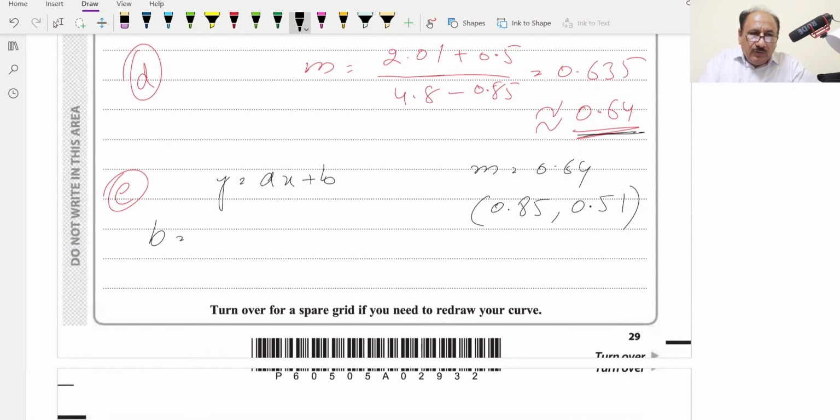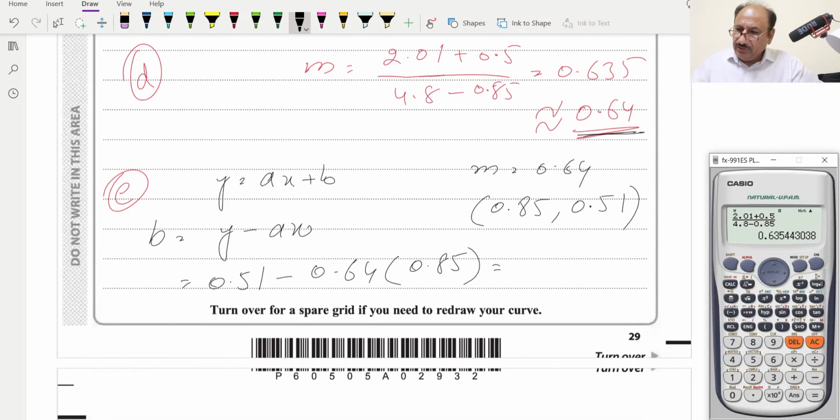So we can rearrange this. y is equal to ax plus b, so b will be equal to y minus ax, and we can rewrite this as: y value is 0.51 minus the a value, 0.64, which is the gradient, multiplied by the x value, which is 0.85.